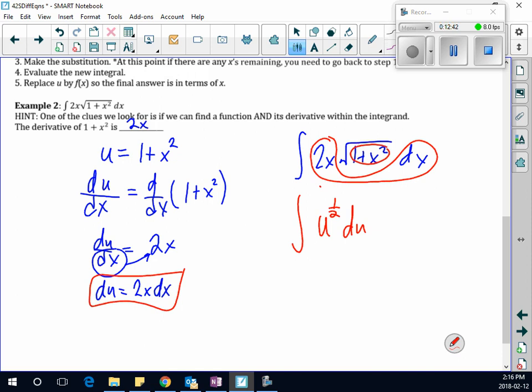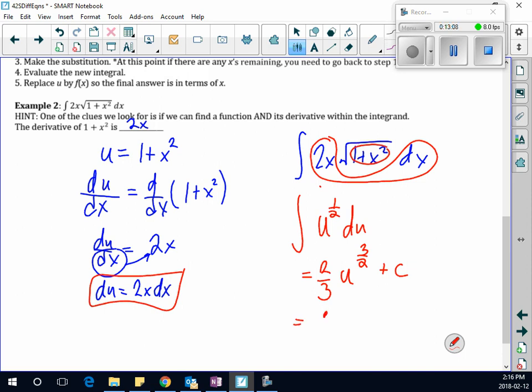Does that make sense, what I just did? Okay, so now we just integrate like normal. So u to the power of 1/2, what's the antiderivative? Add 1. So you get 2 over 3 u to the power 3 over 2 plus c. And then we put the 1 plus x squared back in.